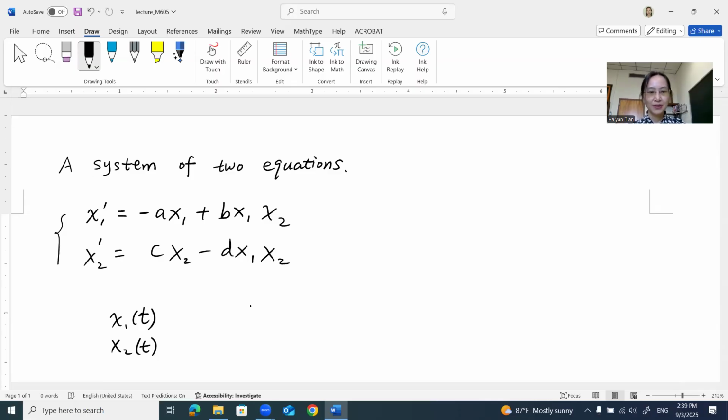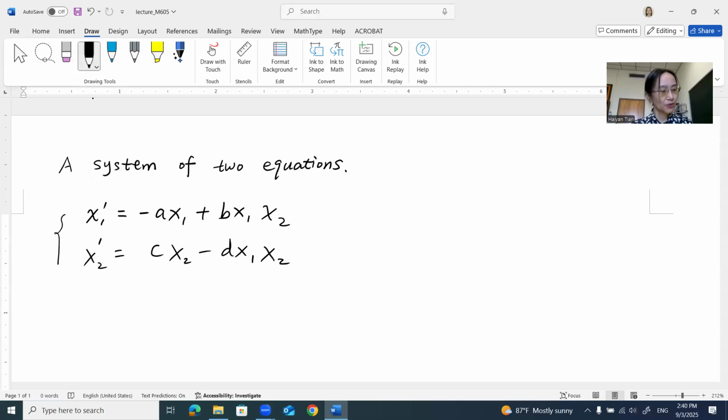And here, the parenthesis t is omitted for each function, just to make the writing a little more nice and clean. So we usually do not put the t. So just for your information, always recognize x1, x2 are unknown functions of t.